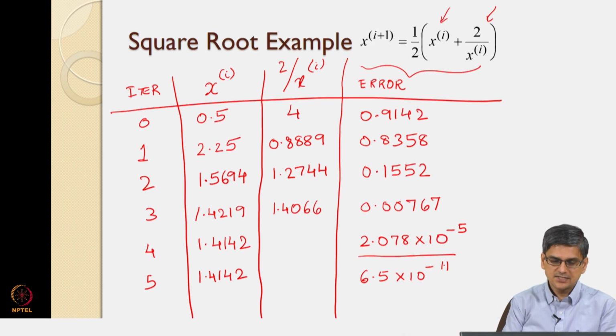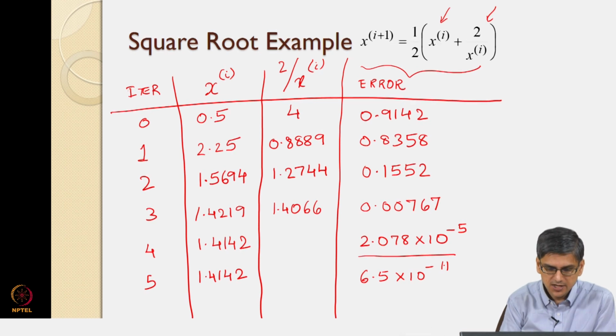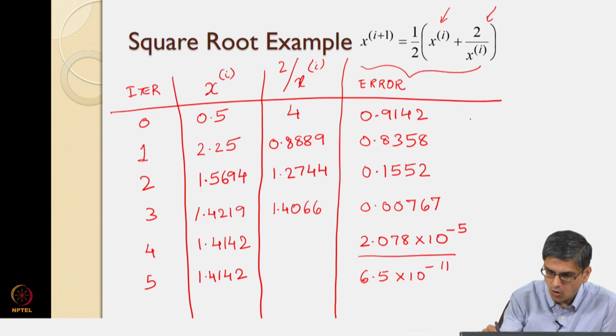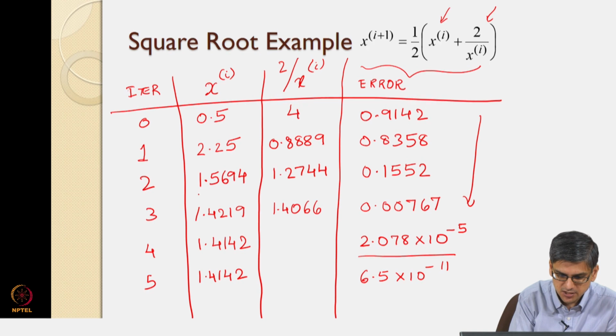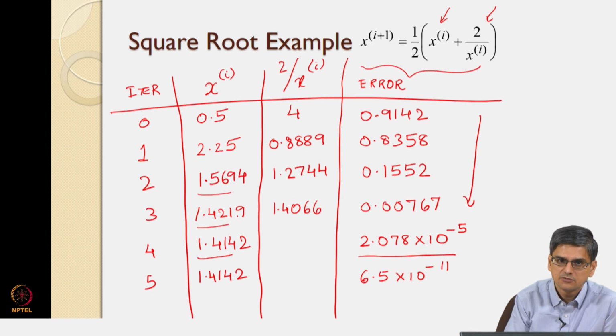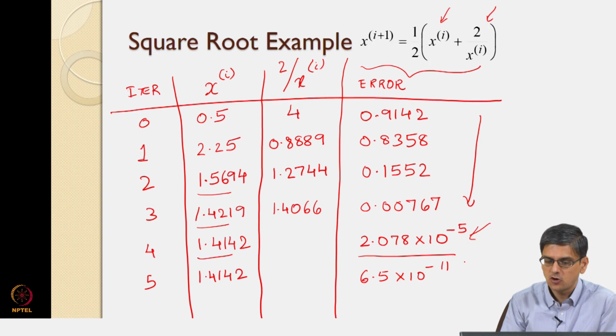Okay. Why did I say that I am not sure whether the error will decrease or not? That is because all this while, when we were getting our solution, the solution that we get is reasonably accurate for the 5 significant digits that we have used. 1.4142, we have already used 5 significant digits, and the error that we are getting is 10 to the power minus 5.